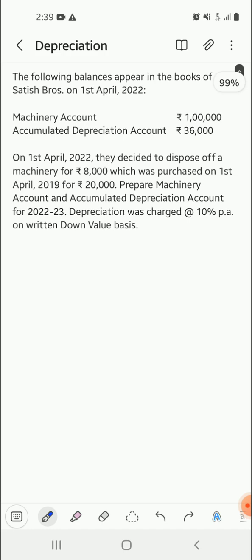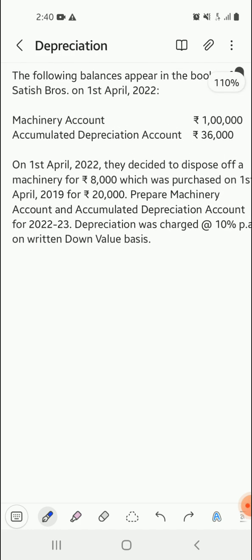Provision is because we know that whenever we purchase machinery, its value has to be reduced. So we make a provision for it beforehand, and we reduce the value to be depreciated every time from the provision account rather than changing the balance of the machinery every time.